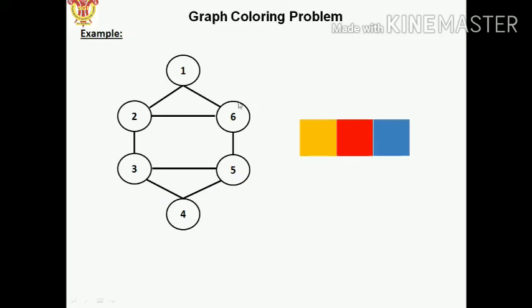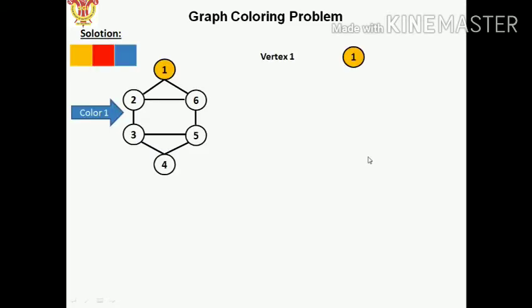So this graph is given, and we are given these three colors, orange, red and blue, and we'll have to fill the graph nodes by using these colors. For the first node I filled this orange color. Now we'll take this 2 and 6.